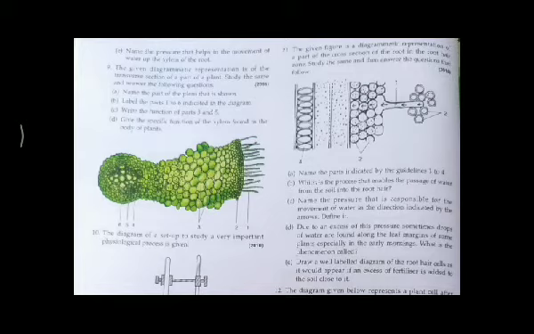You can see in the diagram the arrows are given there, and define it. So which pressure is important for the movement of water molecules? That is root pressure. Now you need to define the root pressure in a very simple way by which you can easily learn it.